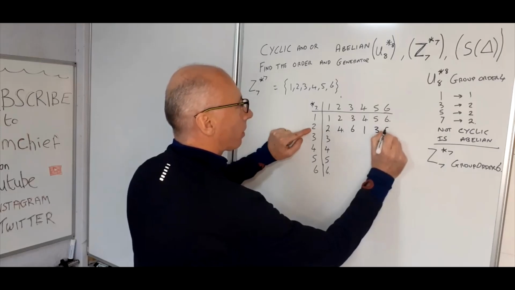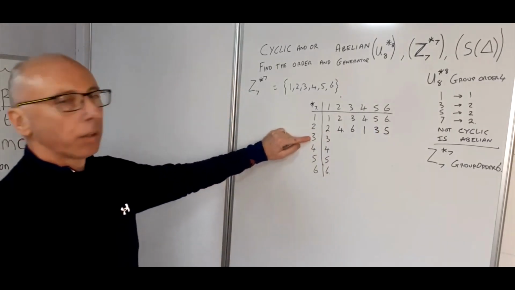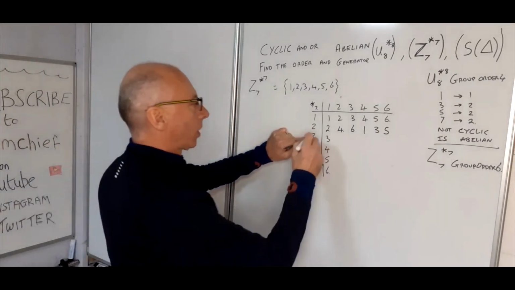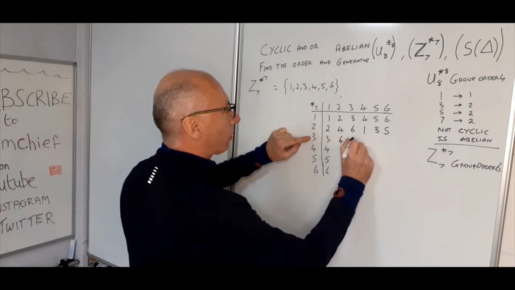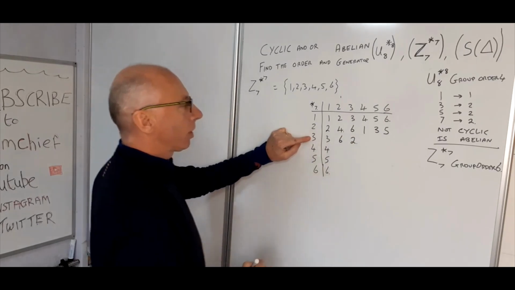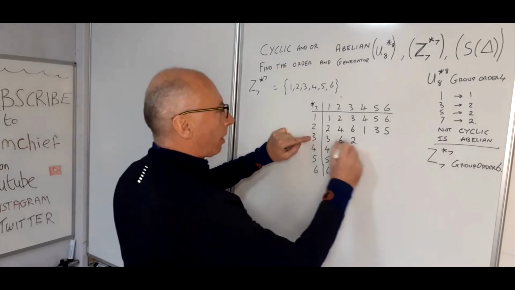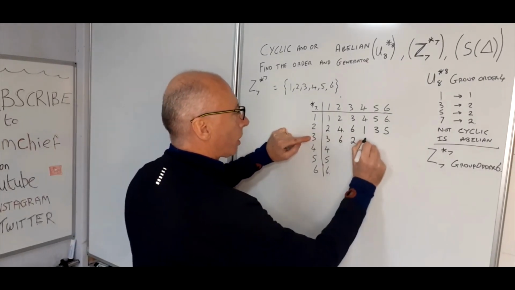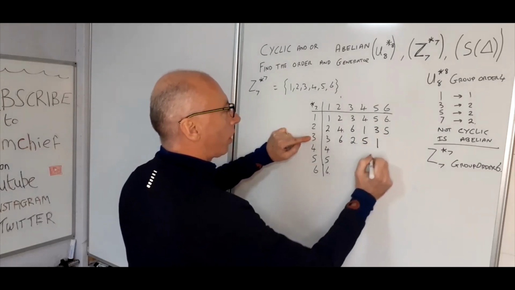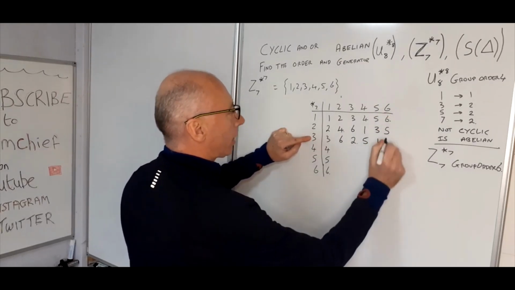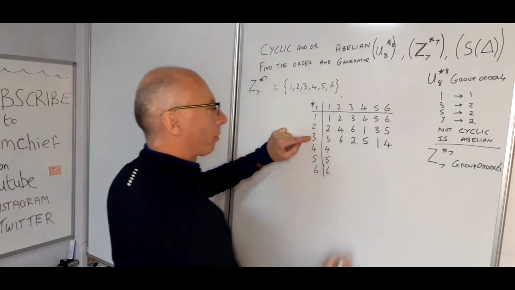Modulus 7 gives us 5. Okay, so now with 3. 3 2s are 6. 3 3s are 9, which will give us 2 modulus 7. 3 4s are 12, which give us 5. 5 3s are 15, which gives us a 1. And 6 3s are 18, which gives us a 4.